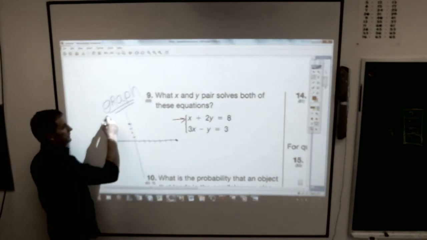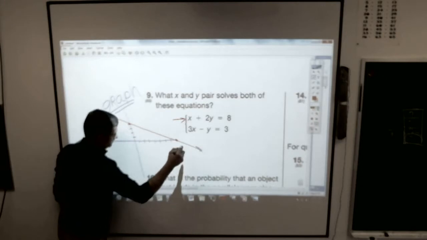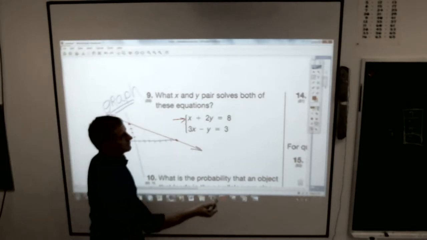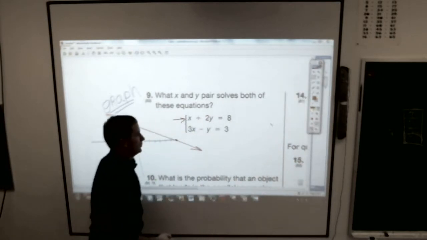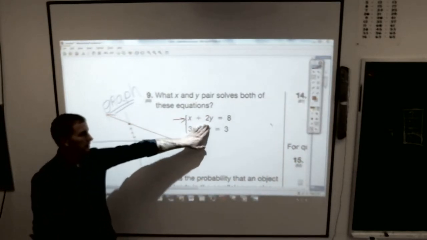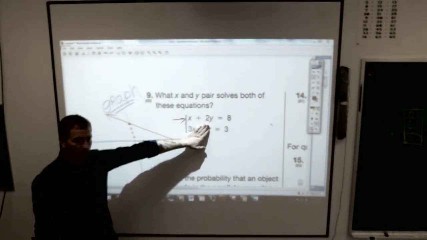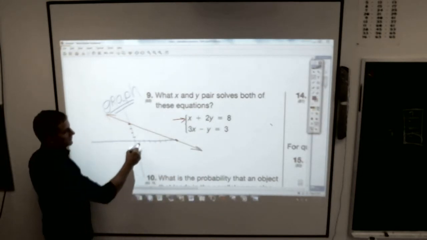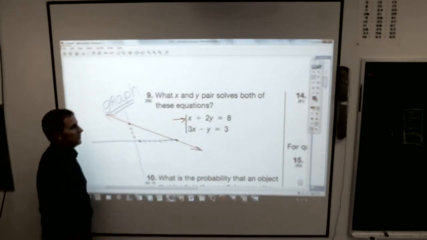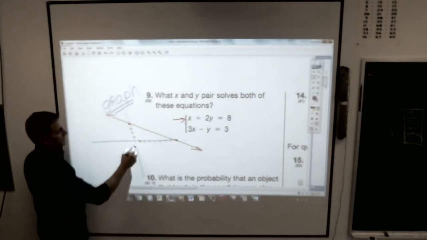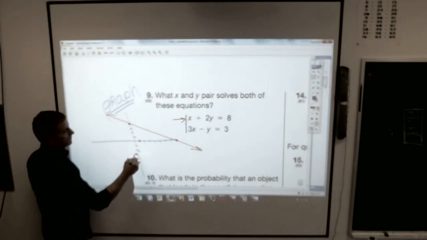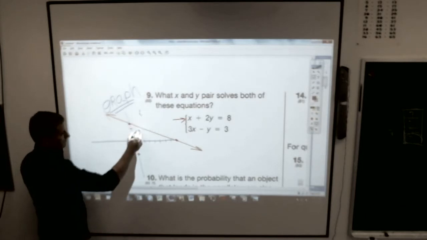So there's your first line. Second line, gotta be a little careful with because there's a negative in there somewhere. First of all, crosses the x-axis at 1, no negatives there, 3 goes into 3 once. And it crosses the y-axis, here's where you gotta be careful, because it's a minus y, it crosses at negative 3. So negative 1, 2, 3. You will graph that.